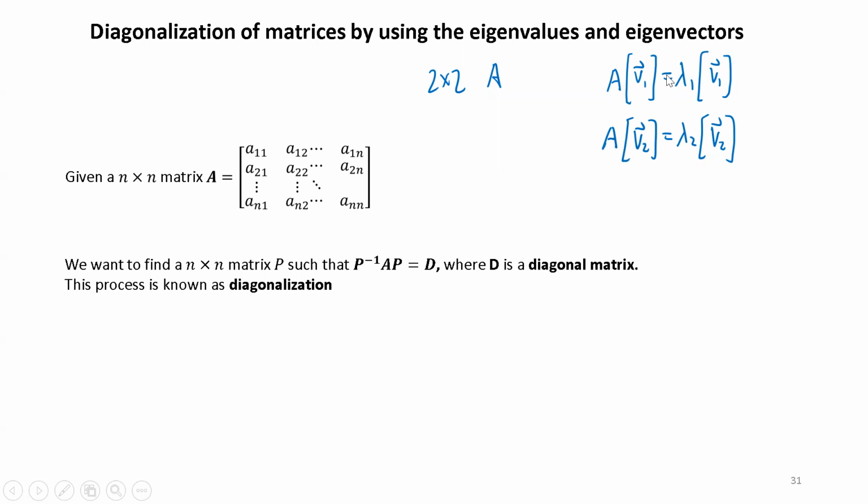Now I can combine these two equations into one by writing it in matrix form. The way I do it is that I put the matrix A over here, and then another matrix, which is also a 2 by 2 matrix, meaning it has two columns. The first column is my V1, and the second column is V2.